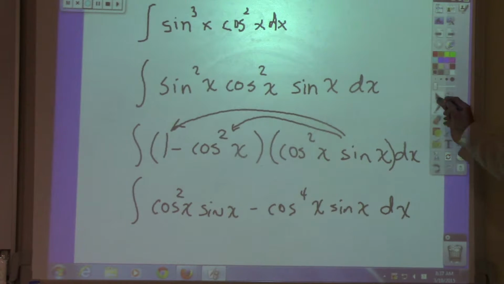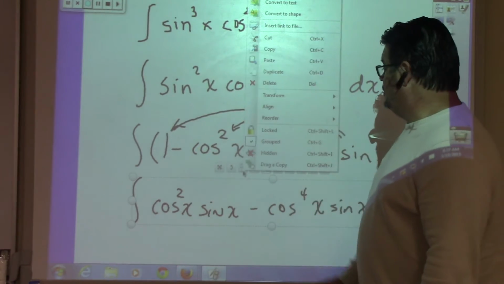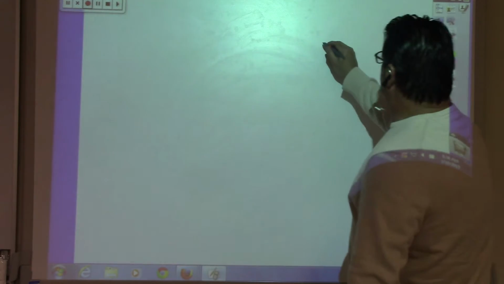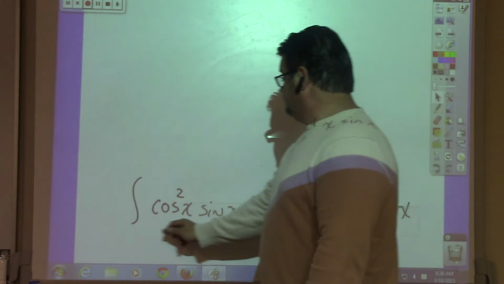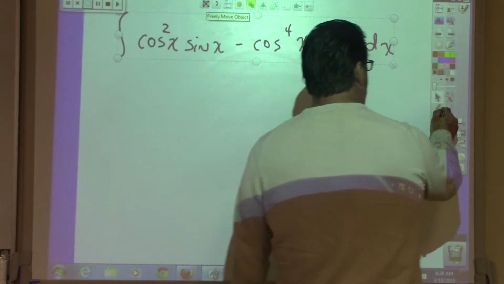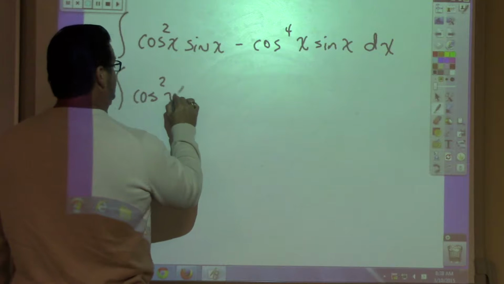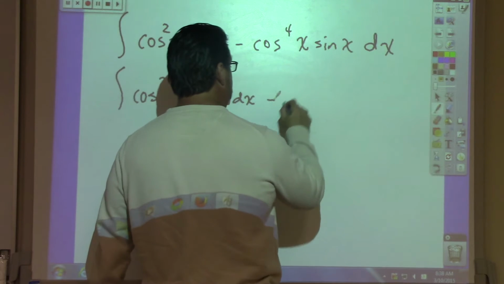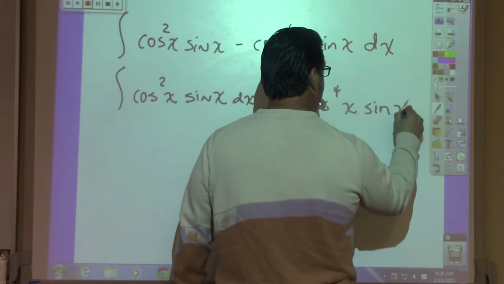In fact, I'll just take this to the next page. And we'll get the antiderivative of cosine squared of x sine of x dx, minus the antiderivative of cosine fourth of x sine of x dx.